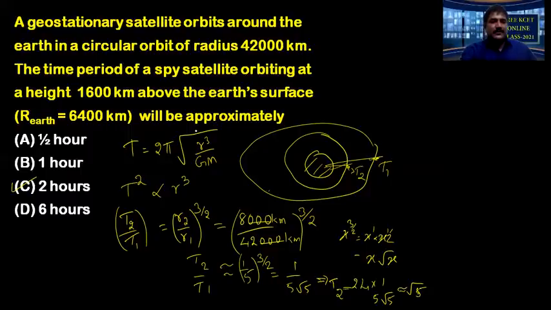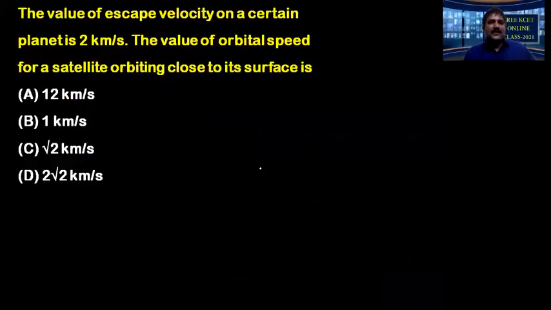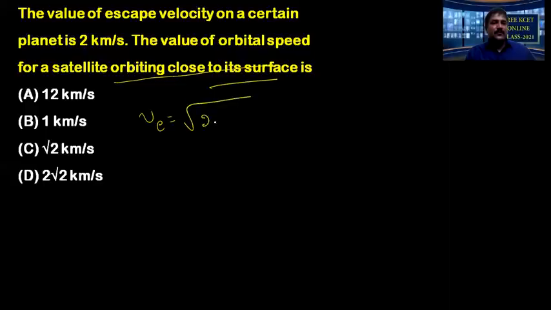Then the next question is like this: the value of escape velocity on a certain planet is 2 kilometers per second. What is the value of the orbital speed for a planet orbiting close to the surface? This is an important point here: close to the surface. So initially I write the escape velocity expression on some planet: V equals root of 2gR. Now g is not 9.8.